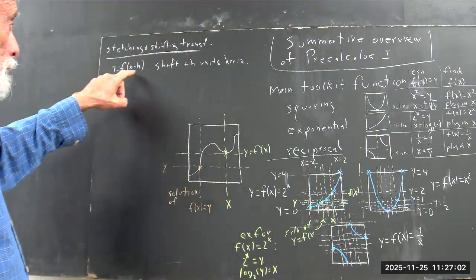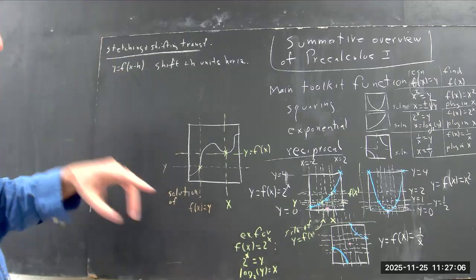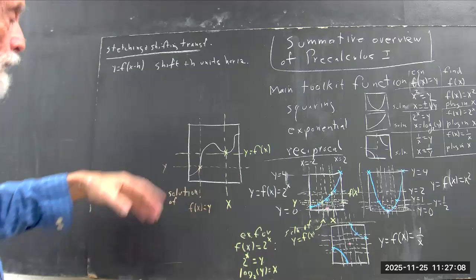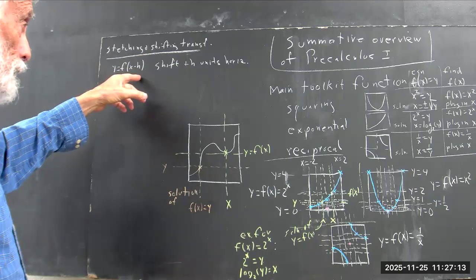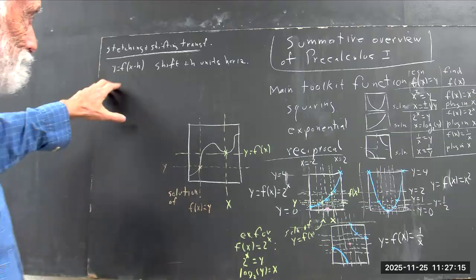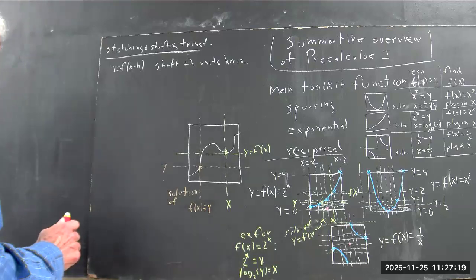Now, if it's f of x minus h, then if h is positive, we end up with the minus sign here. If h is negative, then the minus h would give us an x plus something. So we're pretty much used to that, but be careful about that.